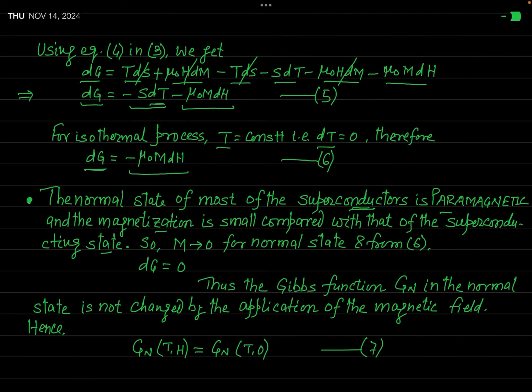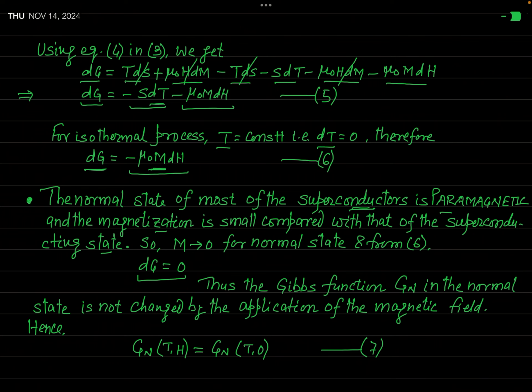So in this equation 6, this M can be neglected or taken as 0 when we talk about the normal state of the material. So in case of normal state, dG will be equal to 0, because for normal state we will take M equal to almost 0, and so dG will be 0.